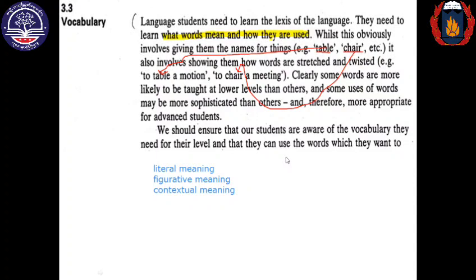Two. According to definition 1, table a proposal, table a motion, etc. This is used especially in British English. How is it defined?